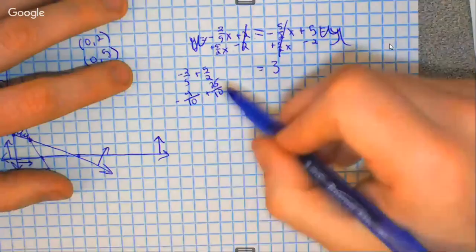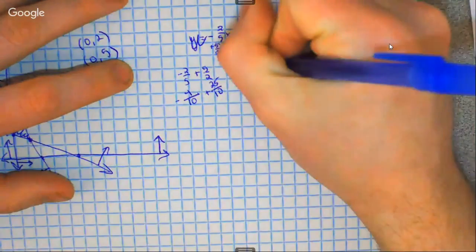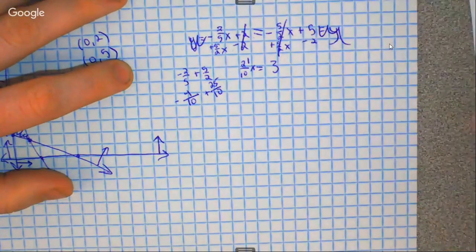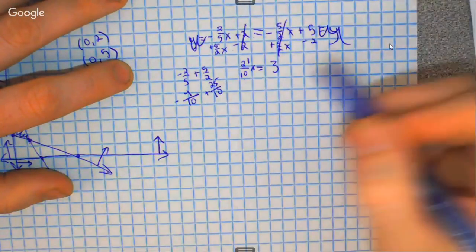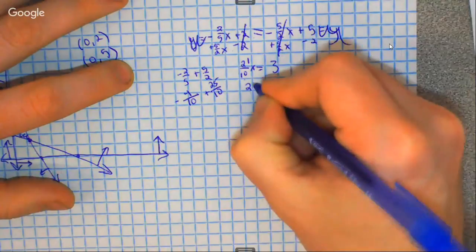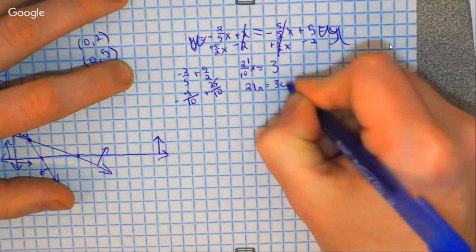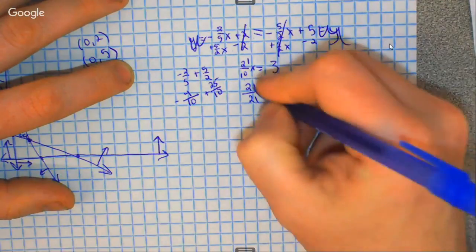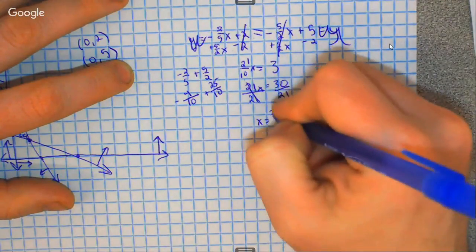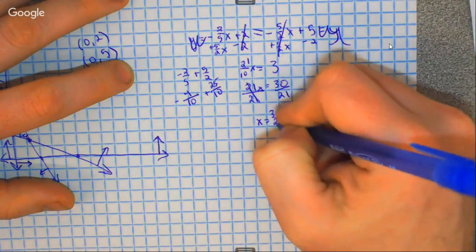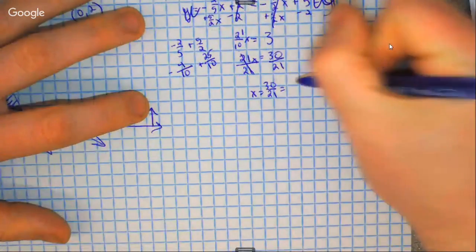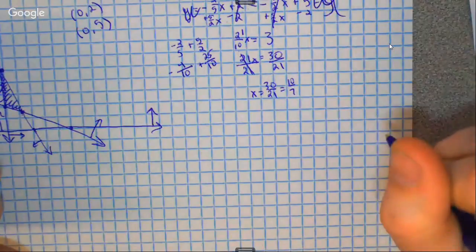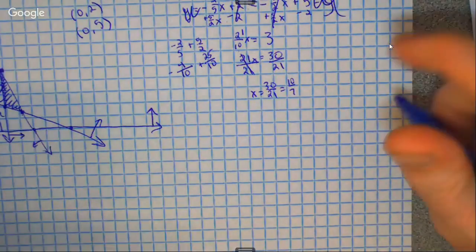And negative 4 plus 25 is 21 over 10 x. We will multiply by 10. So 21x equals 30. And we'll divide by 21. So x equals 30 over 21, which can be reduced. If we divide by 3, that's 10 over 7 for x.